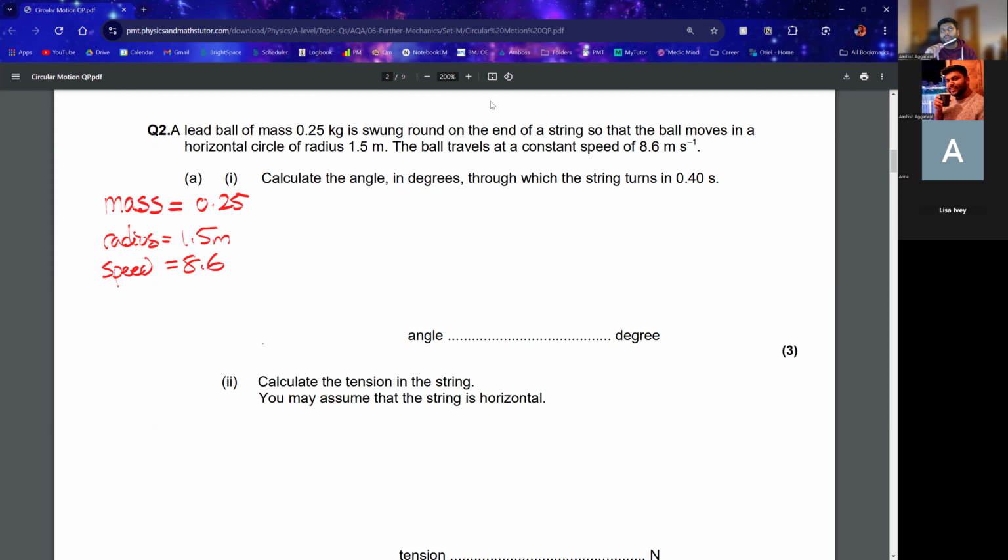With these questions, I want to work out the time period it takes to travel a whole rotation, and then break it down into the part of the circle that it travels in 0.4 seconds. Do we use the one for force then? No, because we have mass. That will come in with tension here. So that's part two.